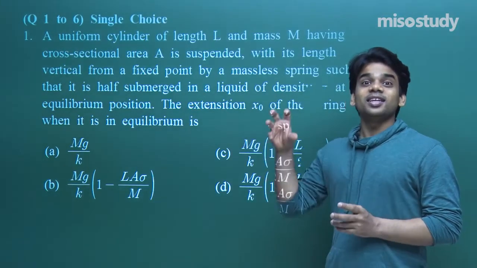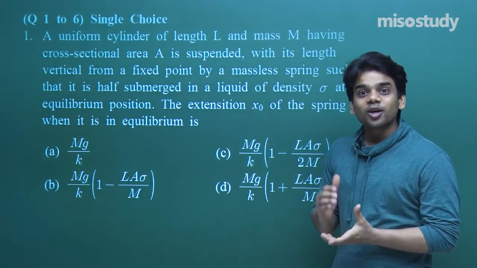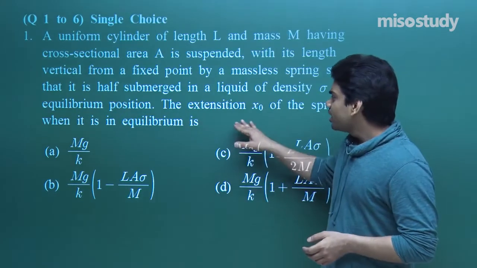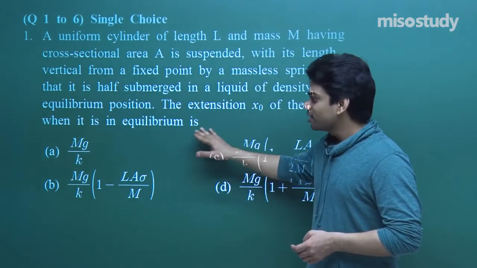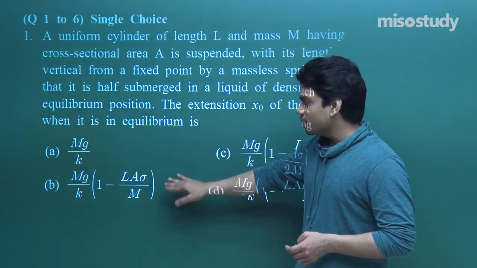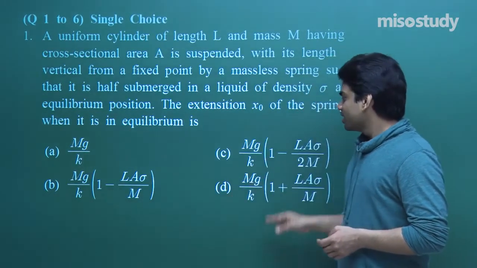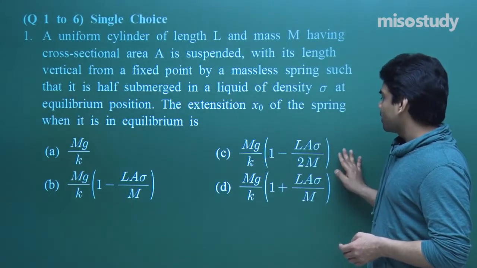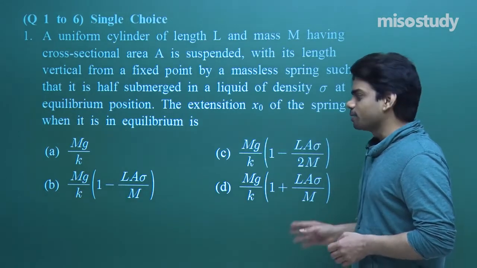That means the cylinder is hanging with the help of a spring and it is half submerged in a liquid of density sigma. The extension x naught of the spring when it is in equilibrium is: A, mg by k; B, mg by k into 1 minus L A sigma by m; C, mg by k into 1 minus L A sigma by 2m; and D, mg by k into 1 plus L A sigma by m.